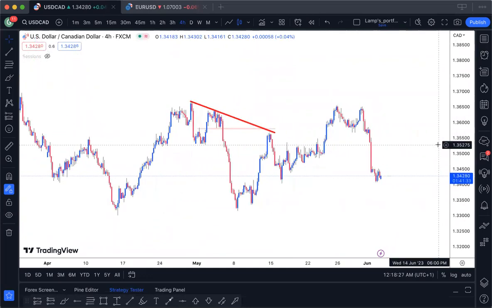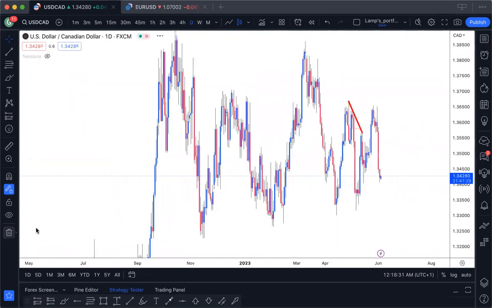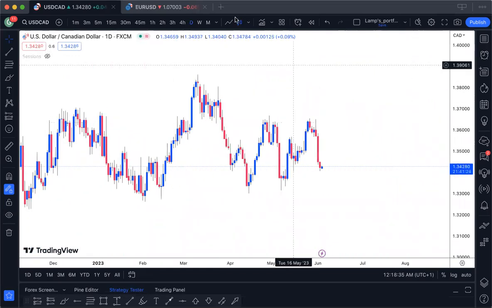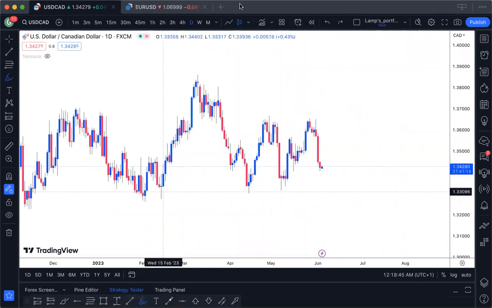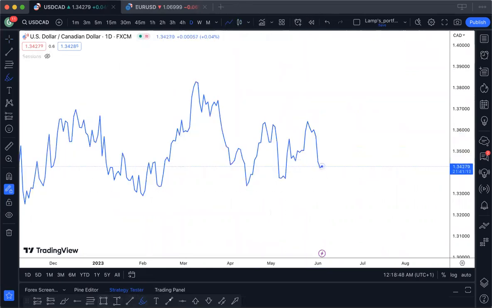Okay, let's see the daily. On the daily we have our second movement, and we have this line chart. You guys have to love line charts.